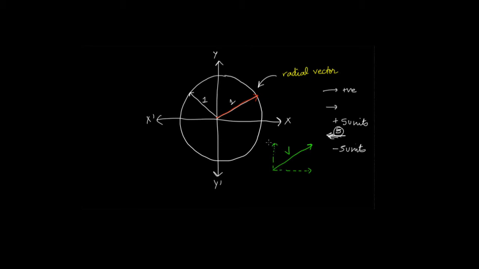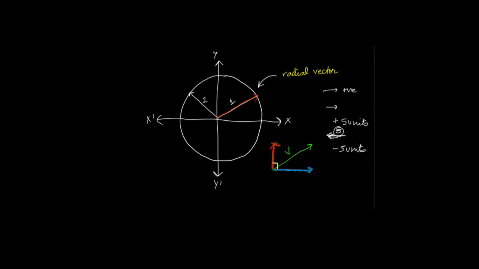This vector can be treated independently. The red vector can be treated independently of the blue vector, because they're perpendicular and they don't affect each other.